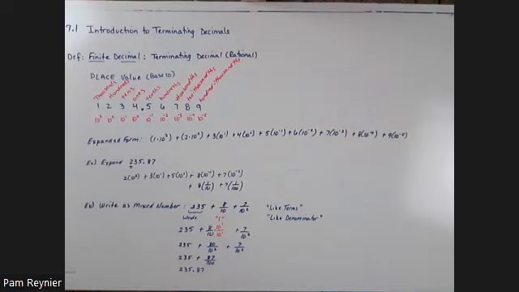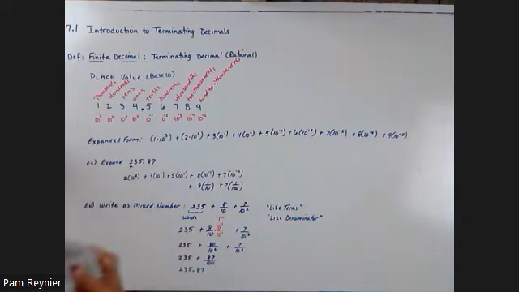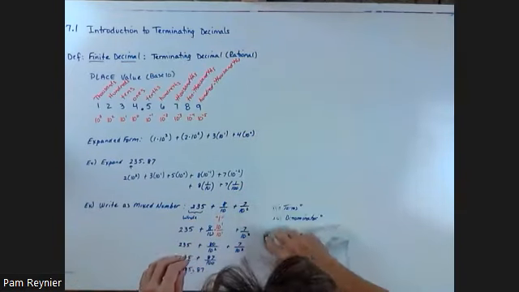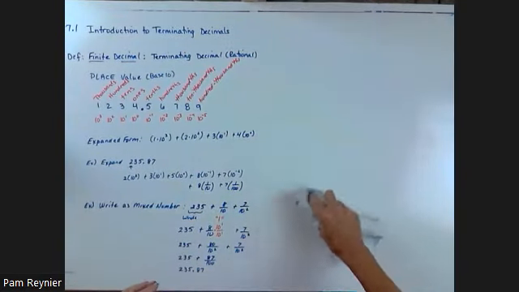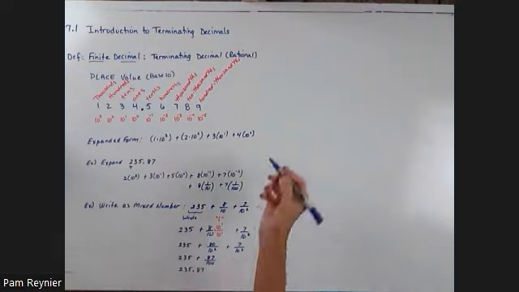So powers matter. Now I'll leave this up and we'll look at another example. So I'm going to get rid of that part of expanded form so I can use this side of the board. Now, let's say I give you a mixed number and I want you to go backwards. Actually, I want to give you a decimal and I want to make it go back to a mixed number.